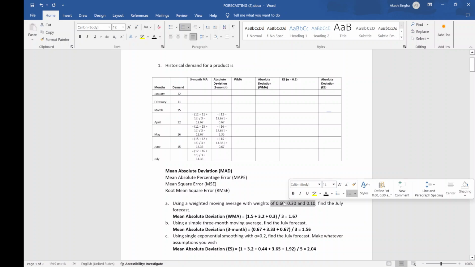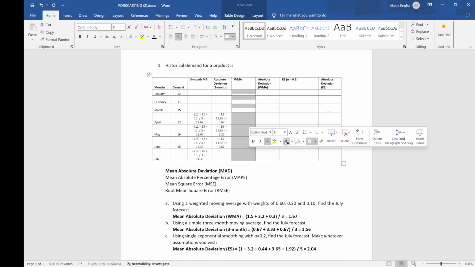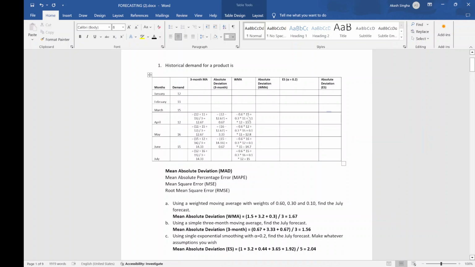So generally the highest value is for the nearest month. For weighted moving average, it's basically the same, just you have to multiply the highest weight with the most recent one, then the next one with the one before that, and then the last one with the first.